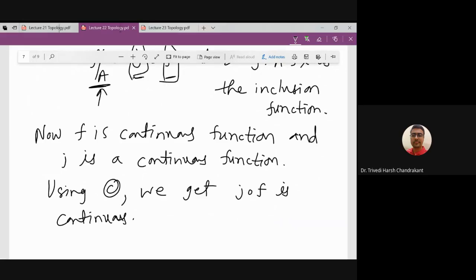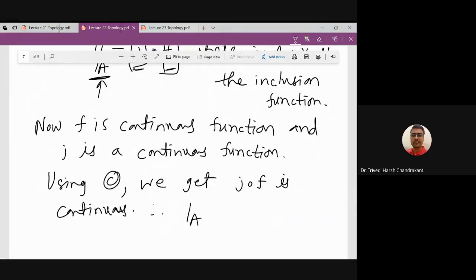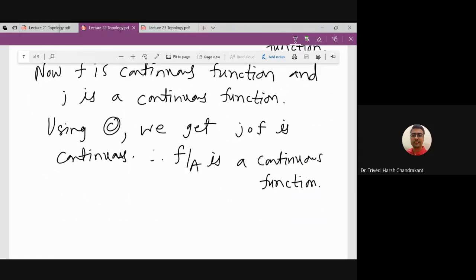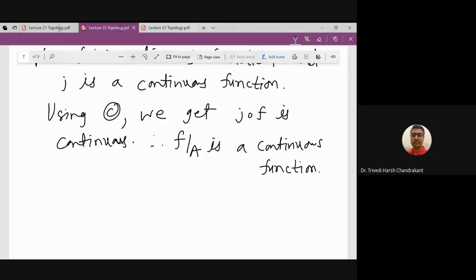And what is this composition? That is nothing but f restricted to A. This property is similar to real analysis. All these results we already know from real analysis, but we are proving them for the general case of topological spaces.